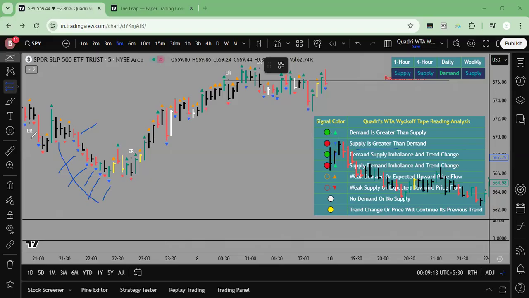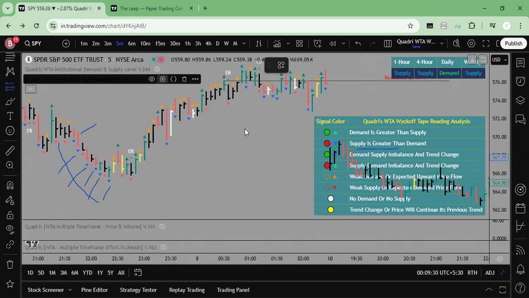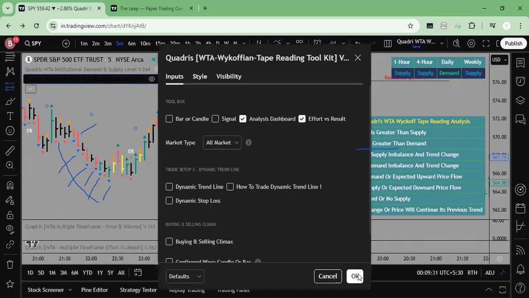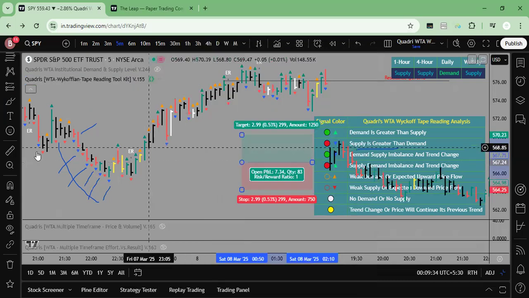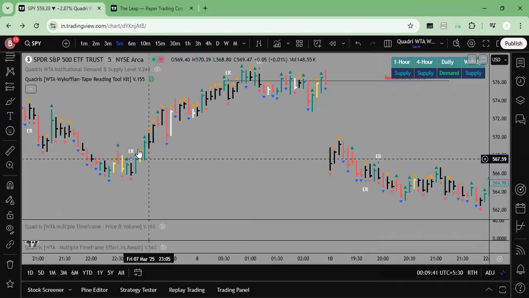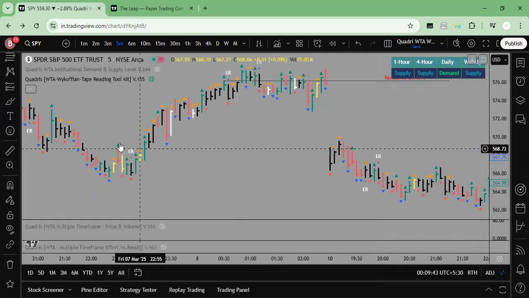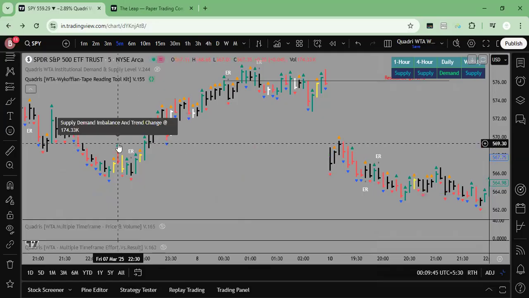This analysis dashboard is for initial purposes. Once you know what the candles are doing and what their interpretation is, you can just come into this and uncheck this one. Another feature which I have added is that if you hover your mouse above the triangle, it will tell you what the interpretation is.